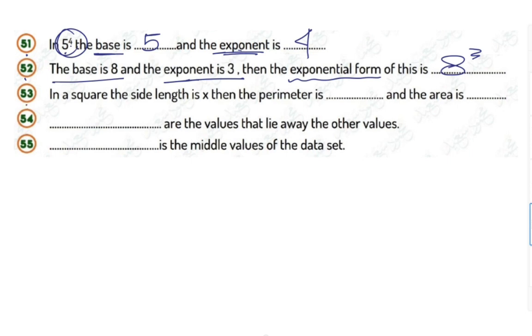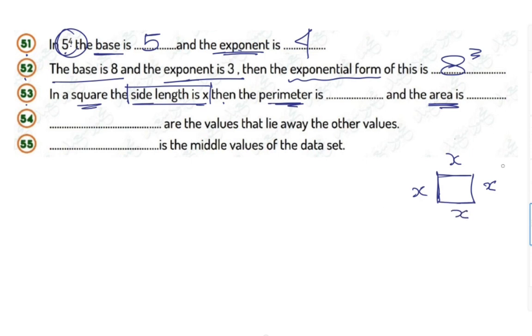Next point, we have a square whose side length is x. He called the side length of this square x. Then the perimeter is blank and the area is blank. Note with me, you have a square like this. This square has 4 side lengths.